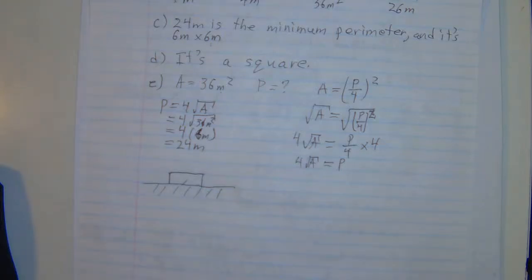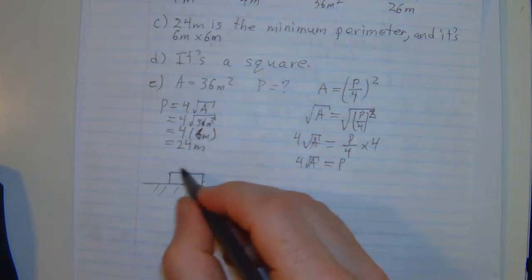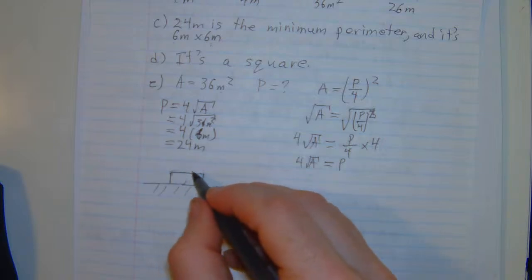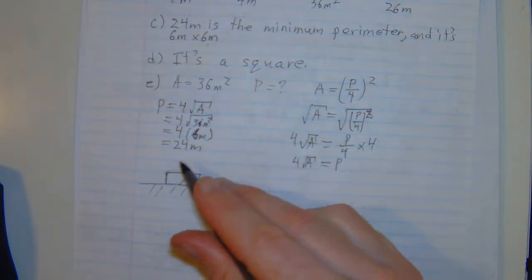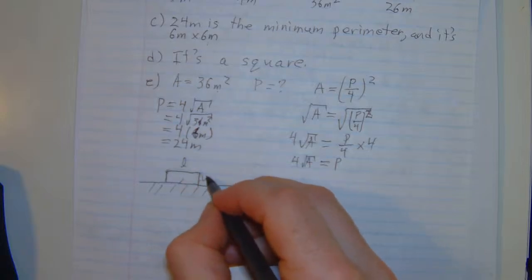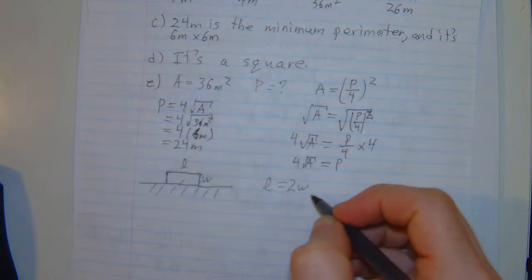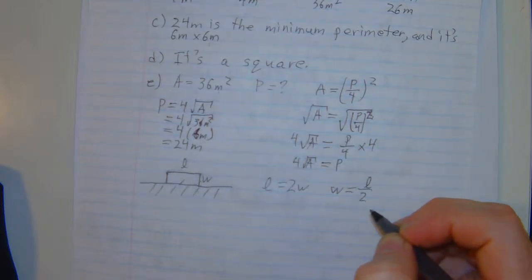All right. So in the interest of time, we're not going to go through and make up the full chart and draw them all out. I will just tell you that the width, which is the side of which there's 2 of them being built, is going to be half the length. So if this is L and this is W, then L is equal to 2 times the width, or W is equal to half the length.